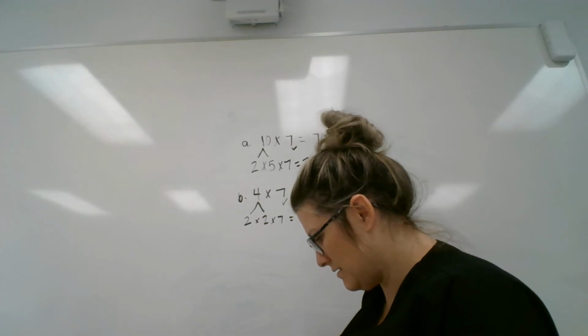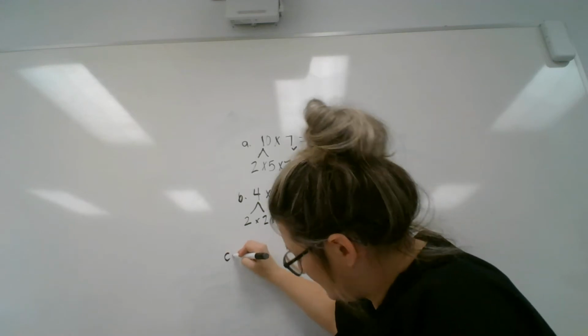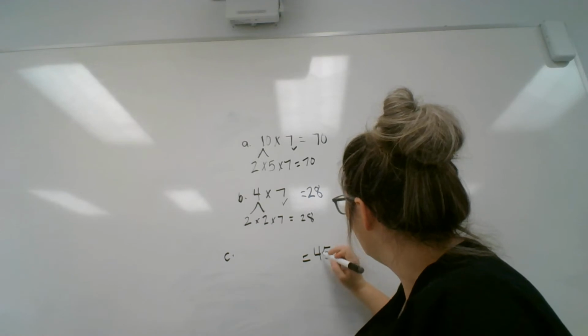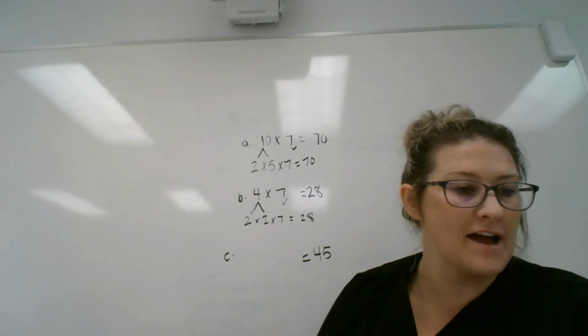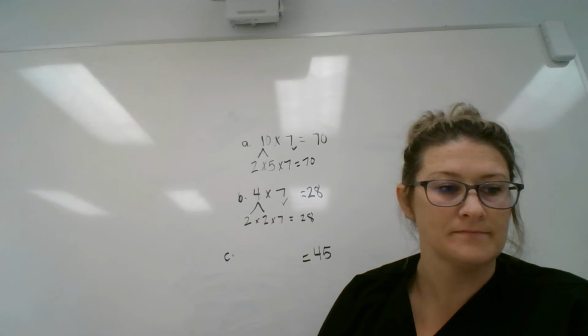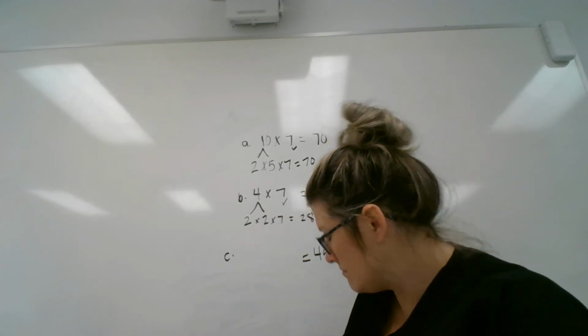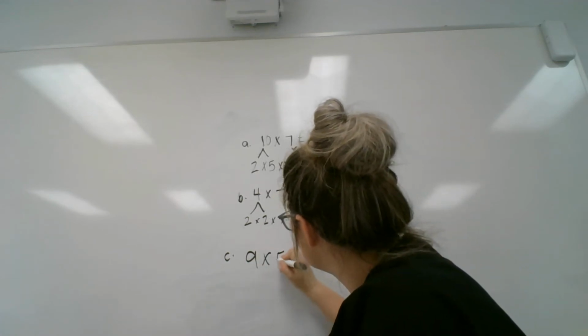All right, C equals 45. Which multiplication sentence equals 45? Let's see, how about 9 times 5?